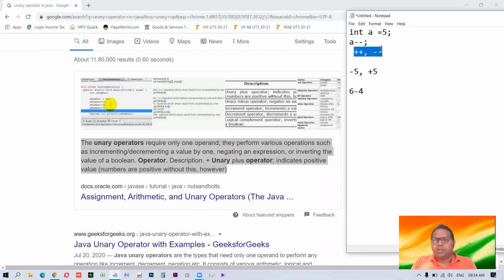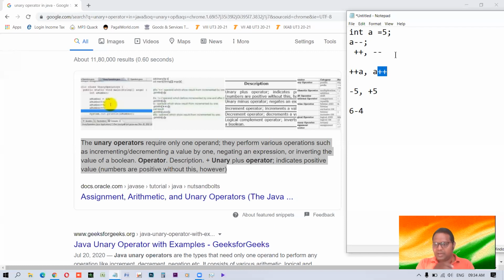One more thing I would like to tell you here regarding the increment or decrement operator, plus plus a, we can also write, and we can write a plus plus also. So when we put it before the variable, it is known as prefix increment operator, or if you're using minus minus, then decrement. And when we put it after the variable, it is called postfix.